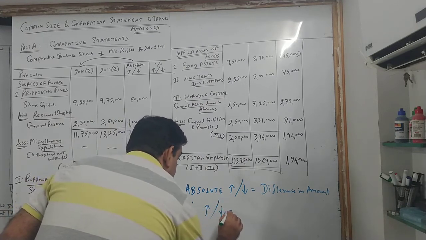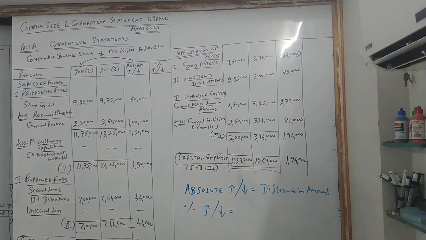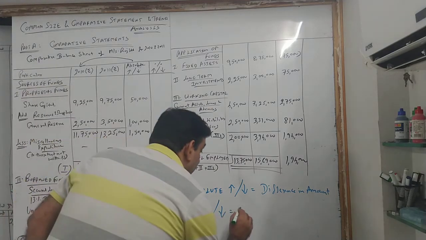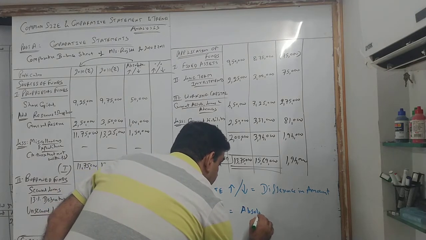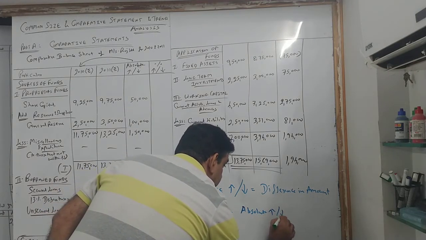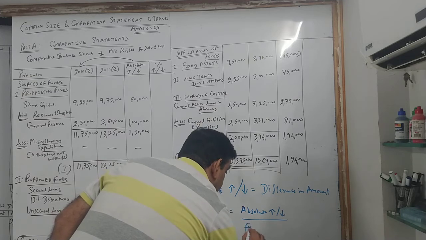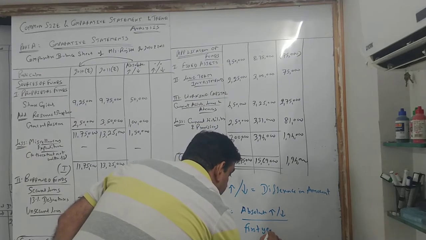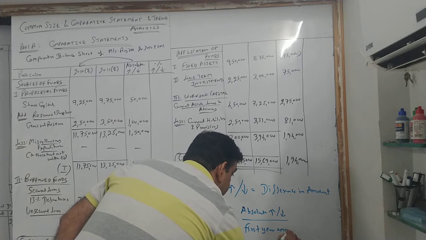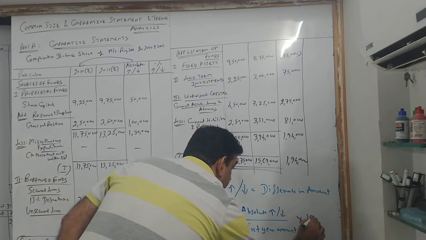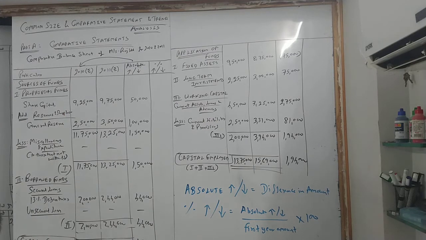Percentage increase or decrease will be the absolute increase or decrease upon the first year amount into 100. Absolute increase or decrease upon first year amount into 100. Clear with this?